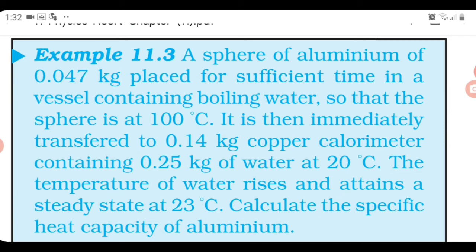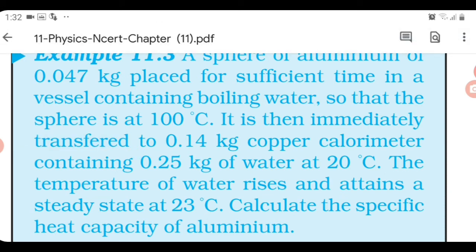Then when the aluminium sphere comes into contact with this calorimeter and water, there takes place heat exchange between the aluminium sphere and the copper calorimeter and water. So heat is lost by the aluminium sphere and the heat is gained by the copper calorimeter and the water. And finally it's given that all the three reach a temperature of 23 degrees Celsius. And we are asked to find the specific heat capacity of aluminium.